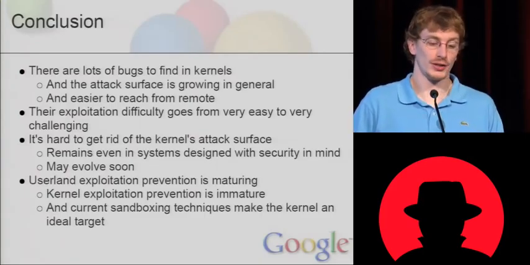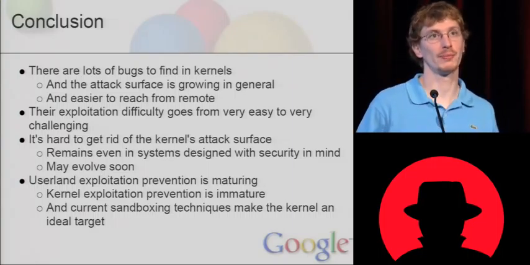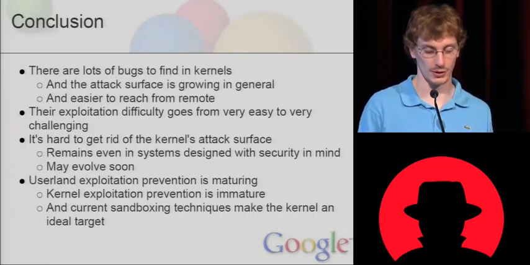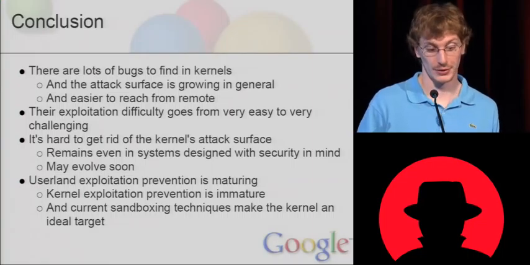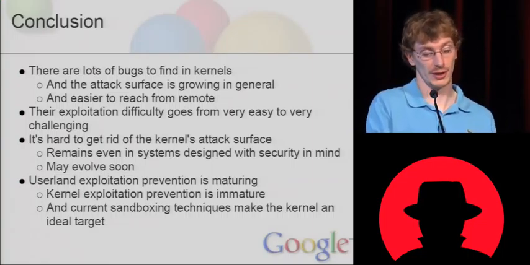So there are lots of bugs to find in kernels. We found 20 of them in a year, and we were still doing a lot of other work. The attack surface is growing in general.